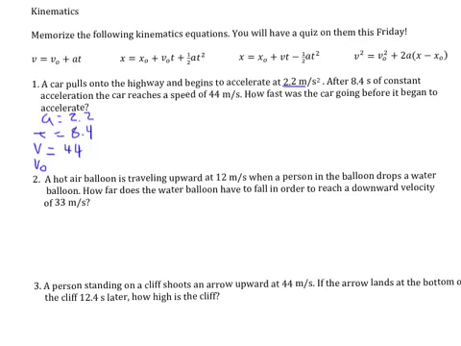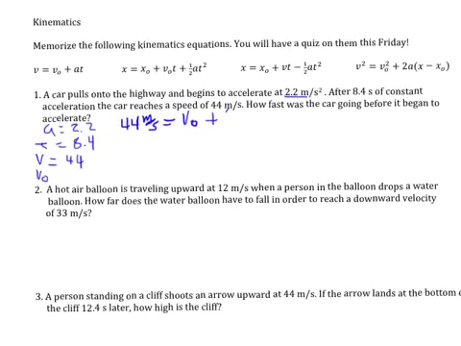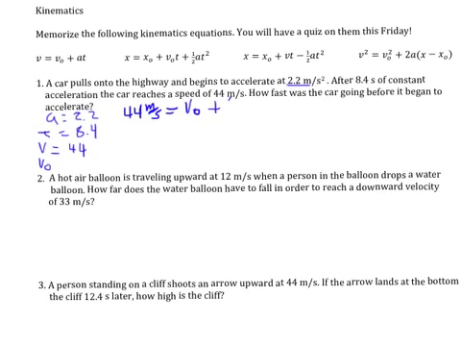So what we have is V final is 44 meters per second equals V naught, which we're looking for, what is its initial velocity, plus the rate at which it accelerates, which is 2.2 meters per second squared, that's a 2 by the way, times its time, which is 8.4 seconds.